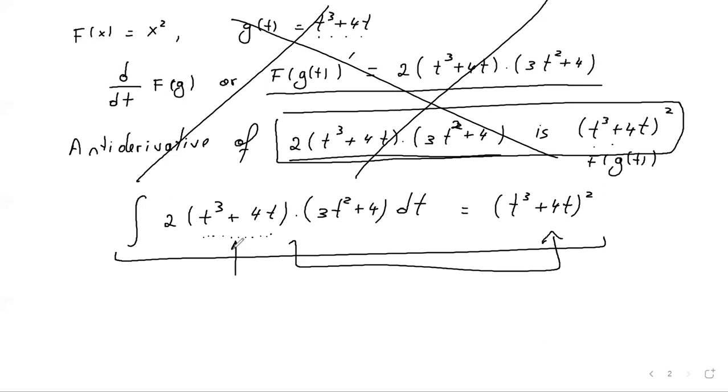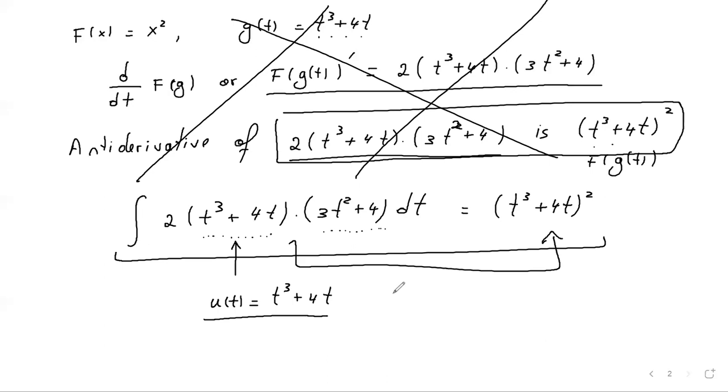Now in practice, you're not going to be given g. You're going to have to figure it out yourself. So I'm going to guess that this function plays an important role, and I'm going to use a name for it. I'm going to call it u. u of t equals t cubed plus 4t. One of the things I notice, which makes this formula work really well, is that the remaining part of the formula, 3t squared plus 4, is the derivative of u.